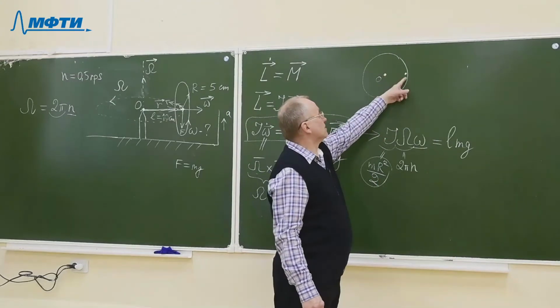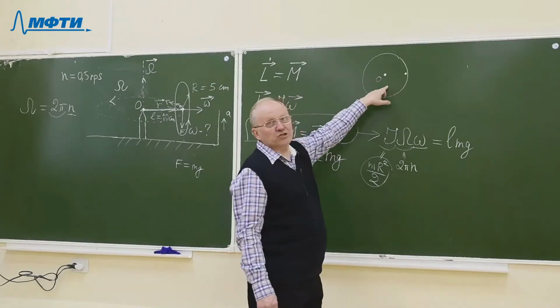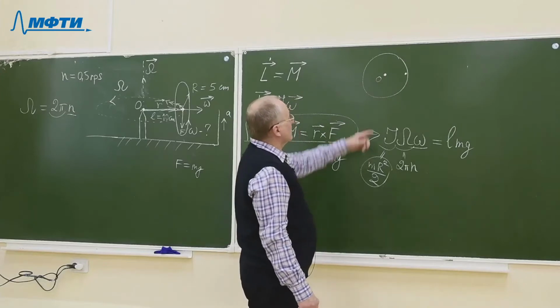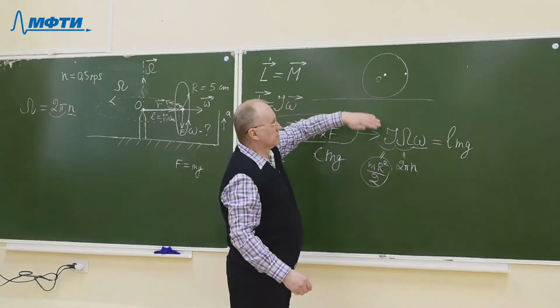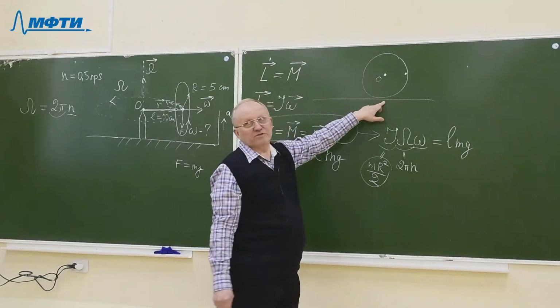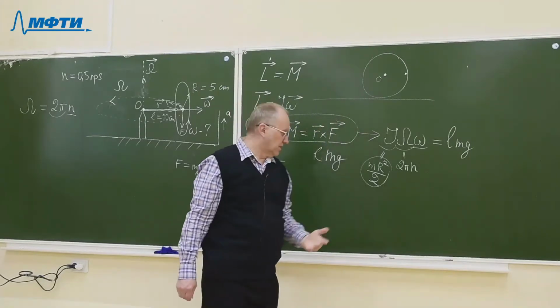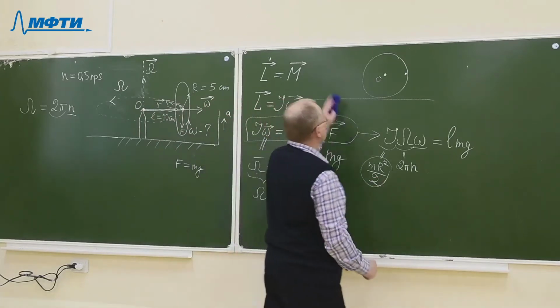It can be calculated using the Huygens-Steiner theorem. But there are other axes of rotation, for example, this axis, so that the disk rotates in such a way. The moment of inertia will be different. It depends on the axis of rotation. So in our particular case, that will be the moment of inertia.